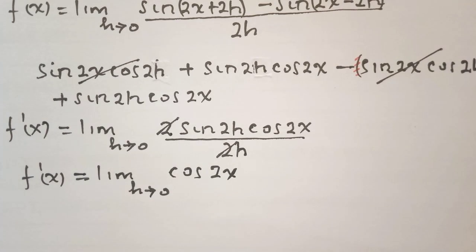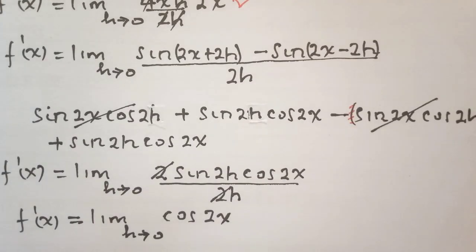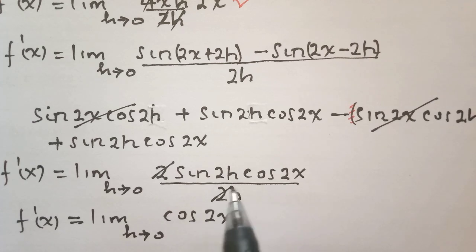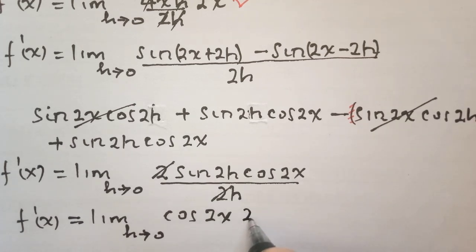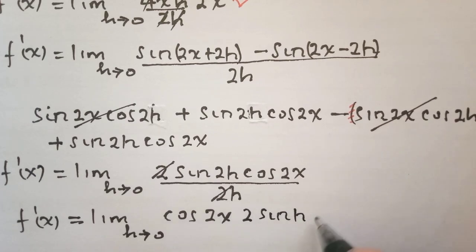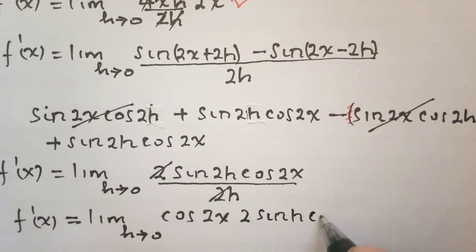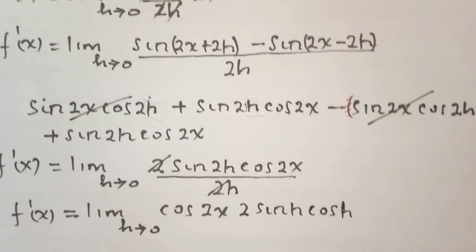And then, so guys, we now come and say we have sine 2h. Sine 2h can be written, from the trigonometry identities, as 2 sine h cos h, like that.